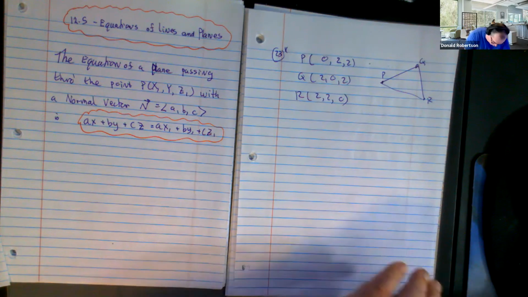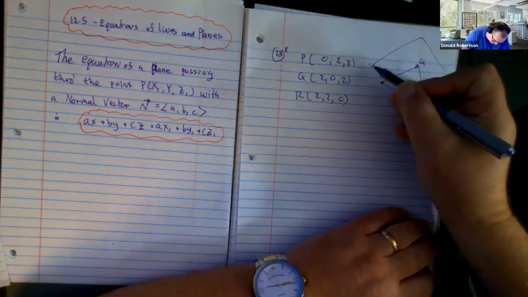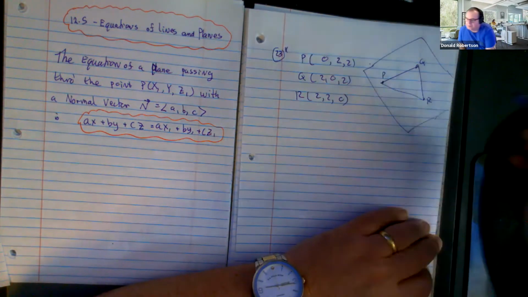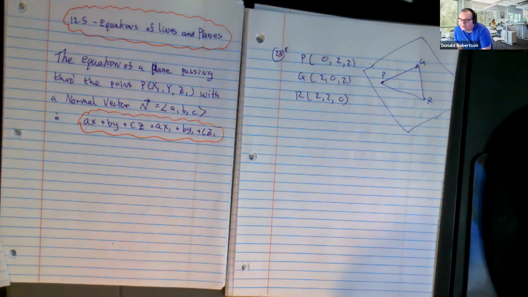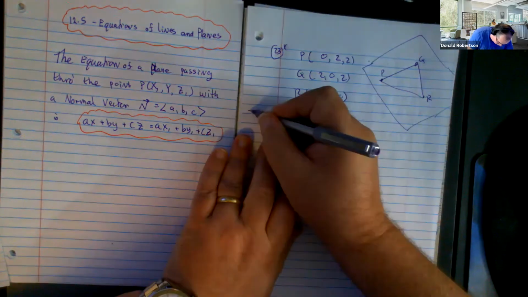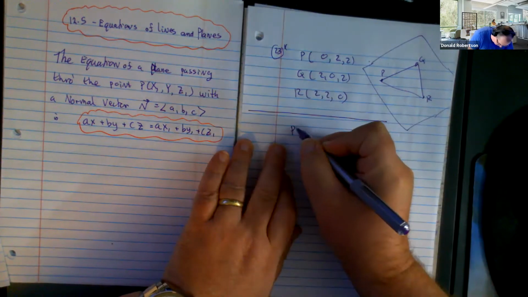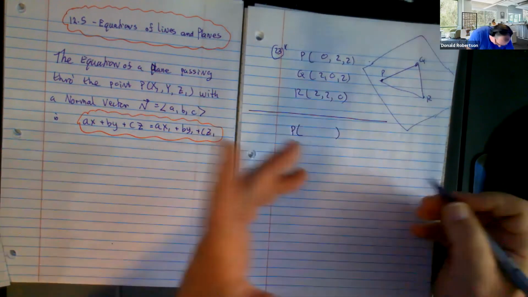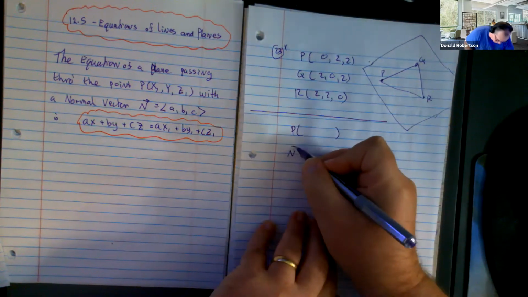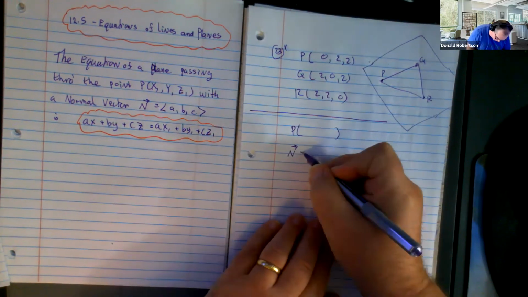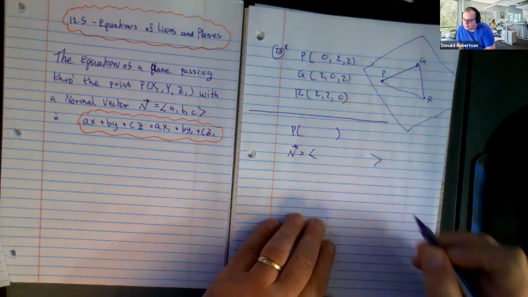But won't P, Q, and R make a plane? So we want to find the equation of a plane that passes through 3 points, P, Q, and R. And to do that, all I need to do is find a point on the plane, and I need to find the normal vector. Would you agree? Once I get those two, we're good to go.